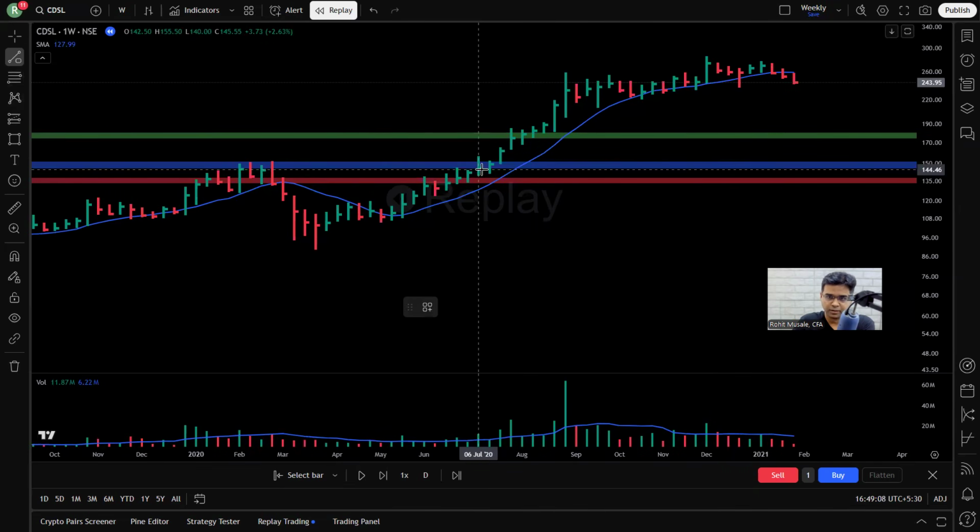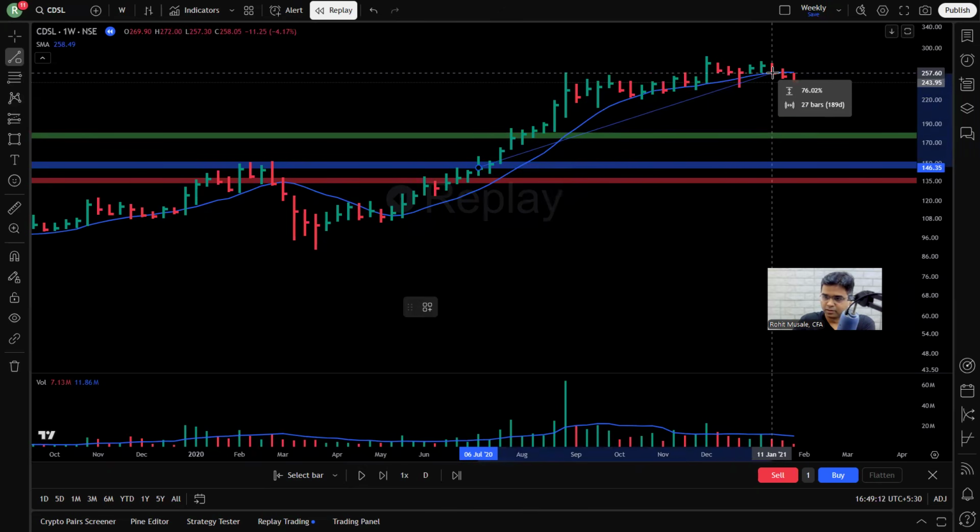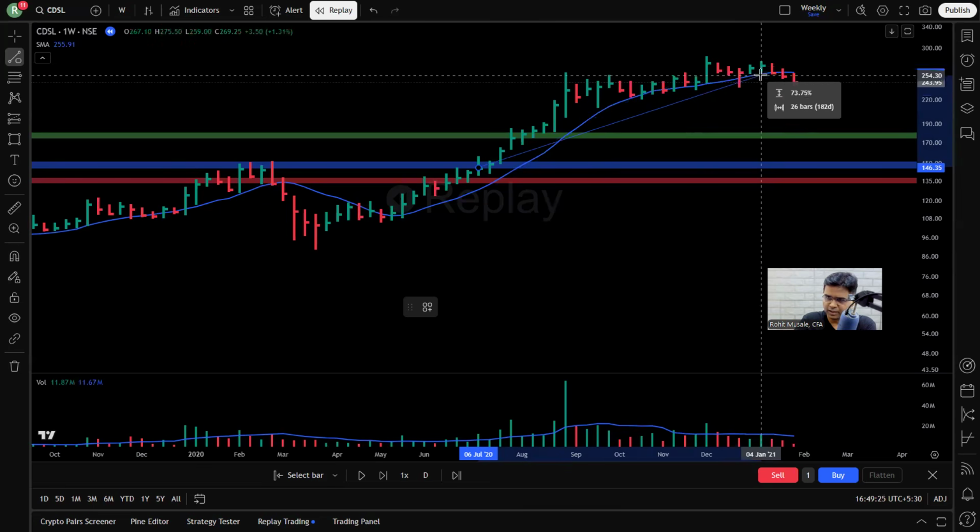So, for example, this is July and this is January. So, roughly 5 to 6 months, I'm in the stock and I'm getting like 76% return in 6 months. That's a fantastic return. And the stock seems to be flattening out.